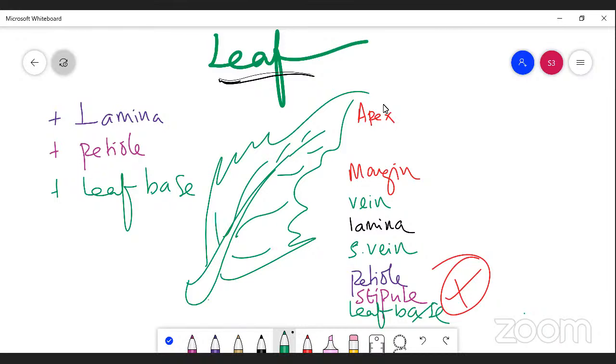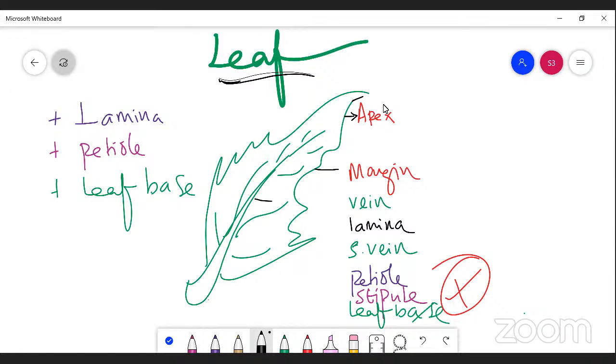This is a leaf which is green in color. It is a thin, flattened, lateral appendage of the stem. As I said, at the growing point or tip of the portion, this is called the leaf apex, and the margin, the border of the leaf, is called the leaf margin.